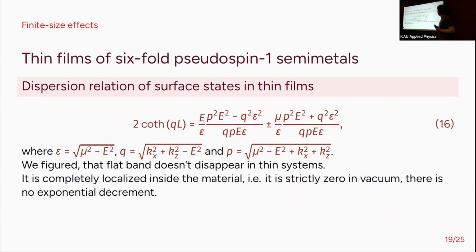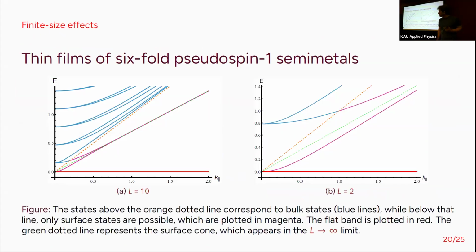Again, we solve the problem, but for six-fold semimetals. We obtain this dispersion relation, which we solve for bulk states, and we obtain these plots.